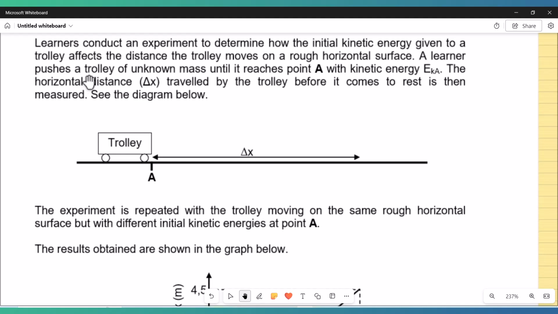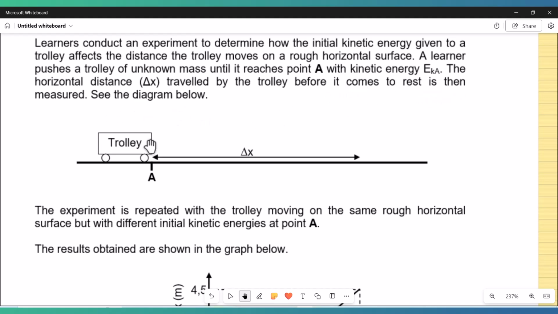A learner pushes a trolley of unknown mass until it reaches point A with kinetic energy EK at A. The horizontal distance delta x traveled by the trolley before it comes to rest is then measured. See the diagram below.